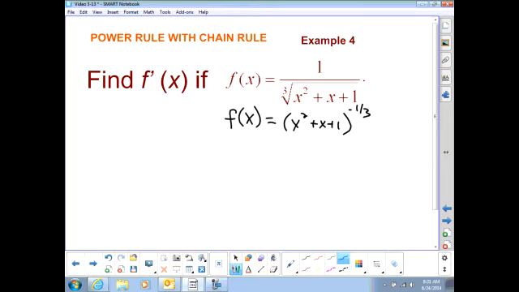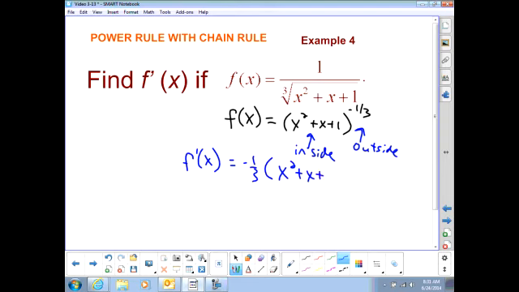So our outside function is the negative 1/3, and the x squared plus x plus 1 is our inside. So now our derivative, f prime of x, will have the negative 1/3 come out front. Keep the x squared plus x plus 1 the same. When we take 1 away from a negative 1/3, we'll get negative 4/3.